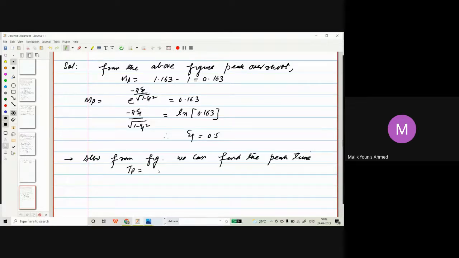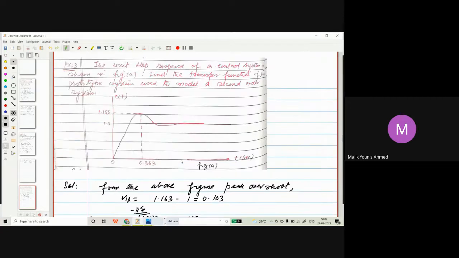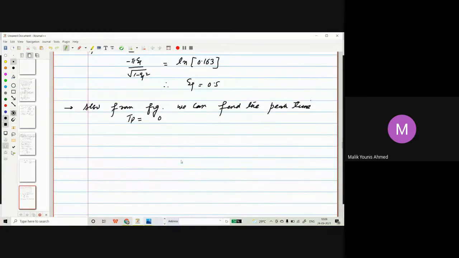TP is equal to 0.363 seconds. Okay, therefore 0.363 will be equal to TP, which is pi divided by omega n under root of 1 minus xi square.